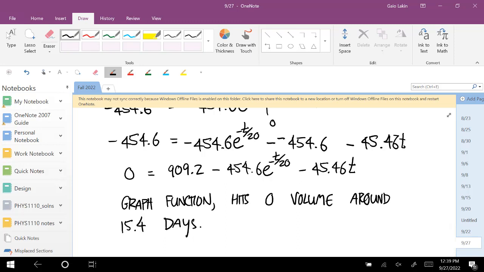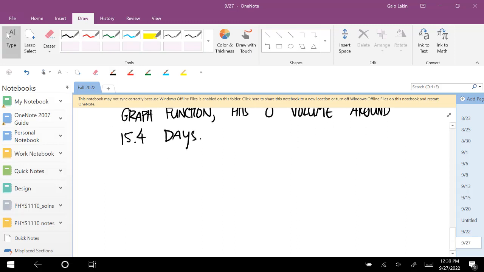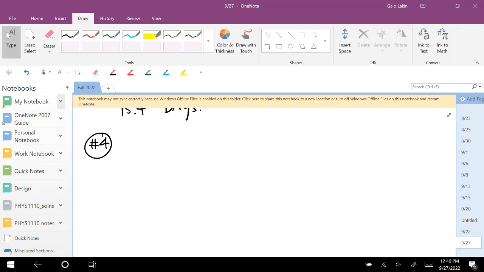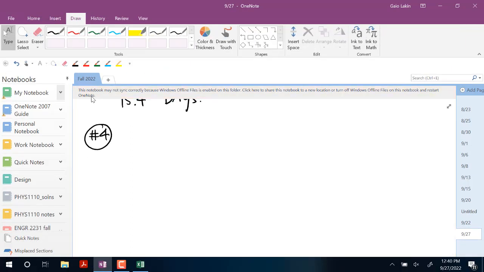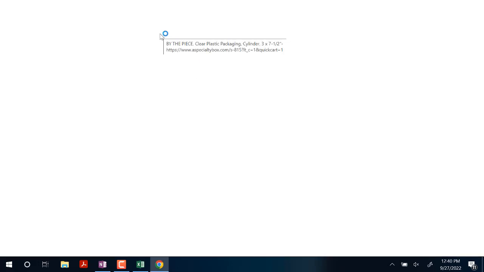Okay, well that sucked. So let's do another one. Okay, so this one, this is number 4 from the same conservation of mass set of problems.